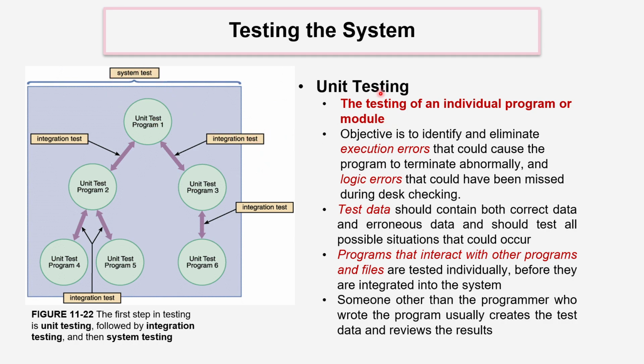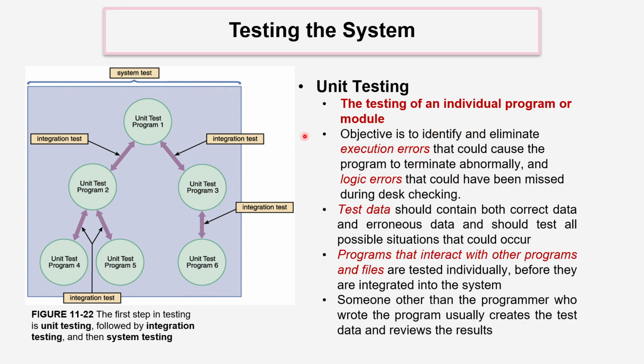So for unit testing, unit testing means the testing of an individual program or module. Test data should contain both correct data and should test all possible situations that could occur.